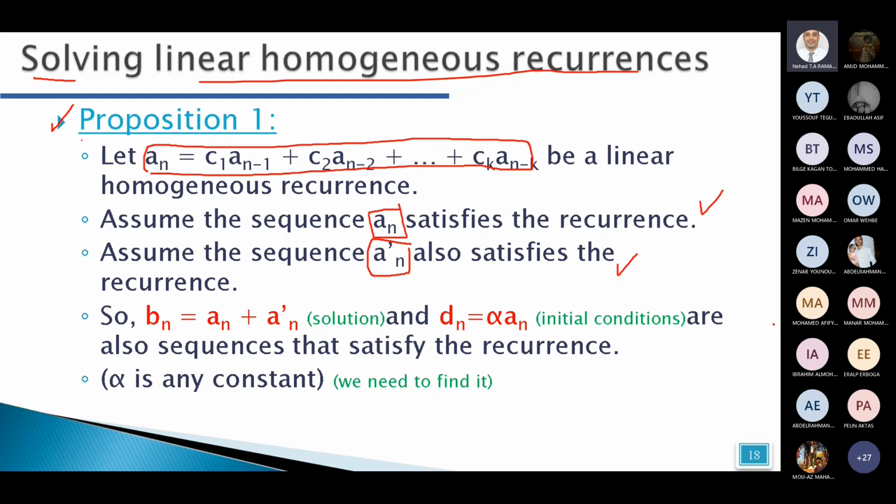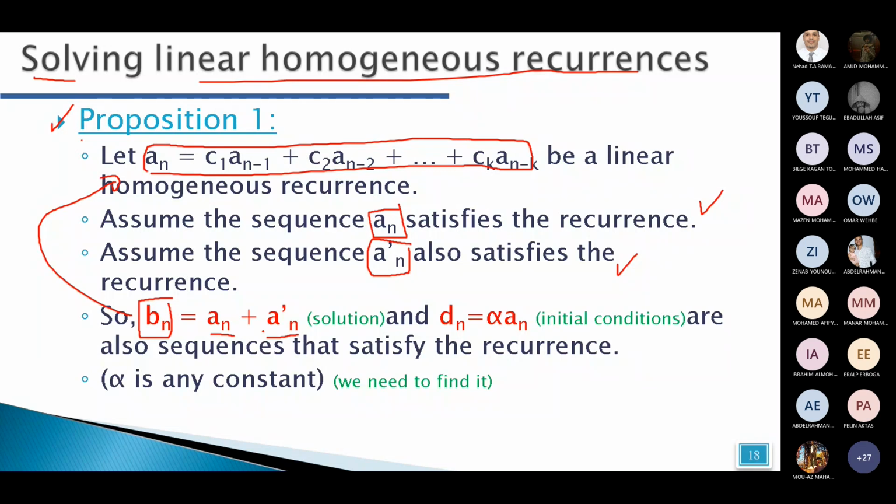Here, if we have two solutions, then the solution of the recurrence relation is the summation of the first sequence plus the second sequence. So we will try to find two solutions or more. The summation of all solutions is actually the solution for the linear homogeneous recurrence relation.